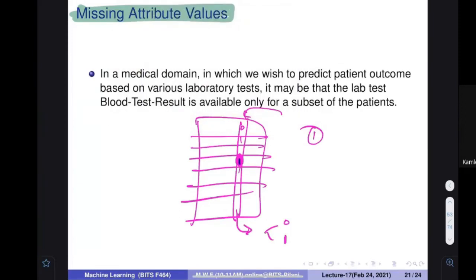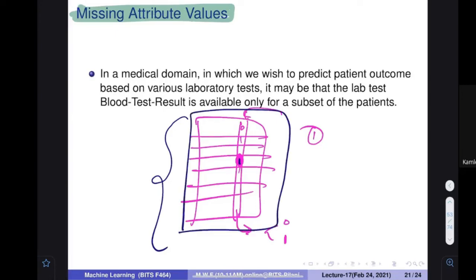Makes sense? However, this is not a good method, because sometimes your database may be a specific database. For example, suppose this database was collected in the medical domain, and it is only data of people who are diabetic. This value says what your blood sugar level is.